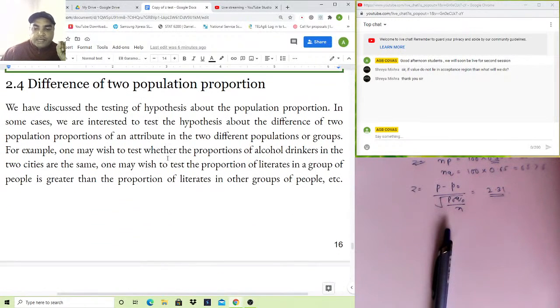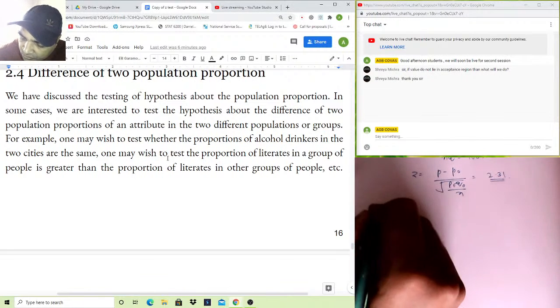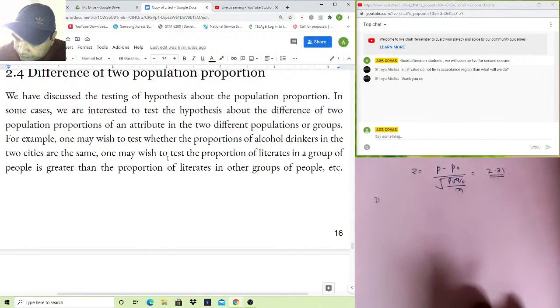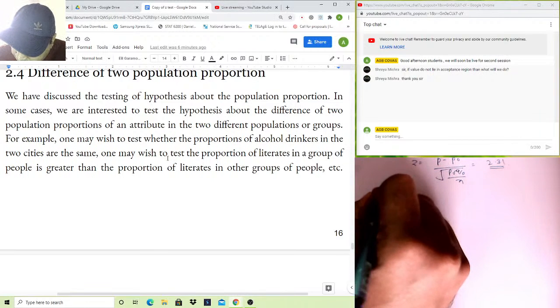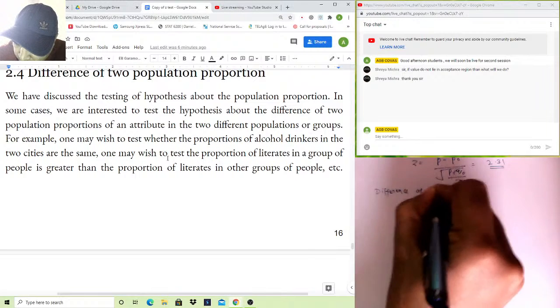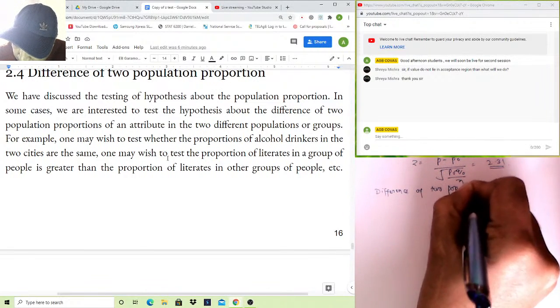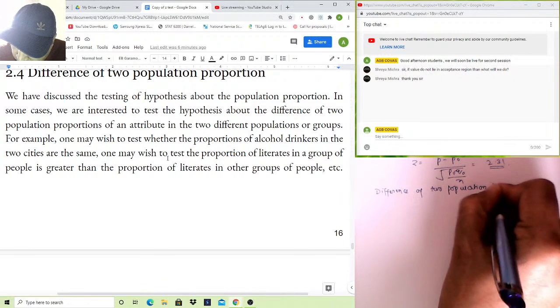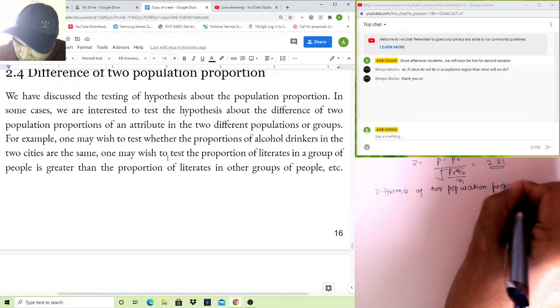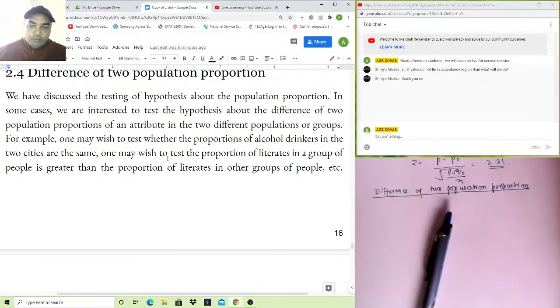Now our last topic is the difference of two population proportions. So now instead of one population, we will be using two populations.